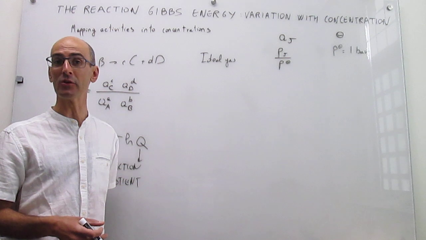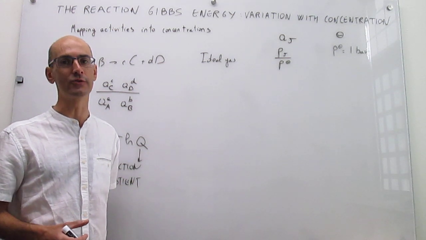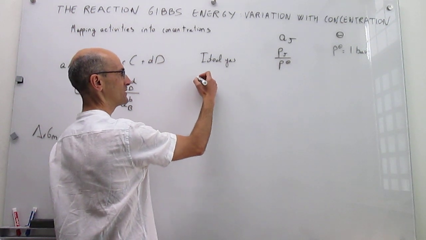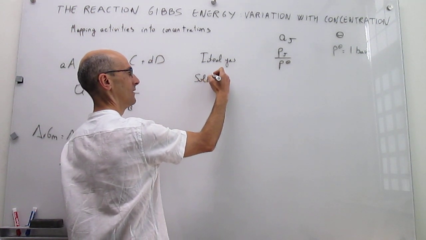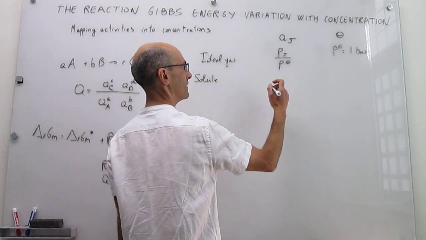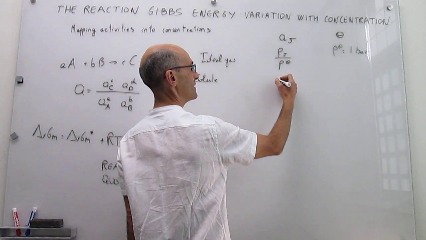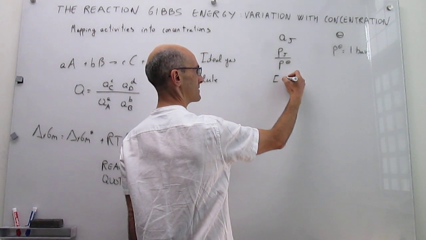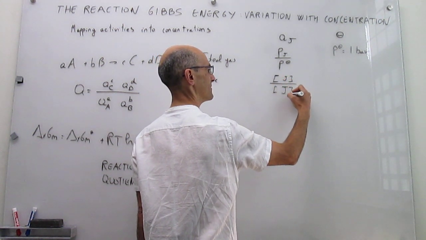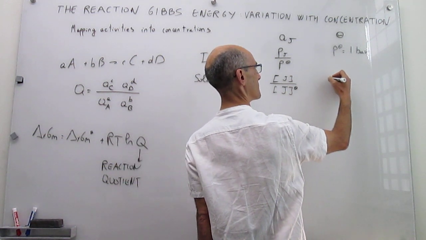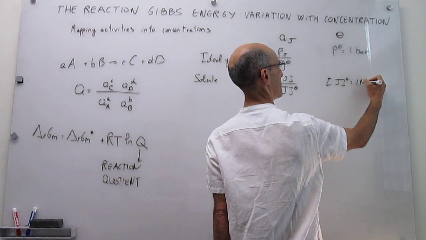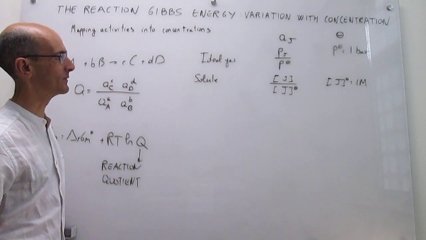And when that happens, then you can apply an ideal dilute solution framework that allows you to do that mapping really straightforwardly too. So for a solute in an ideal dilute solution, the activity is going to be simply the molar concentration of that solute J over the molar concentration at the standard state, and that molar concentration of the standard state is by definition just 1 molar. So this looks pretty simple as well.